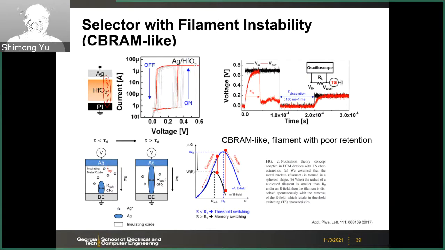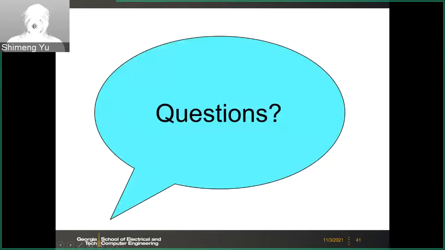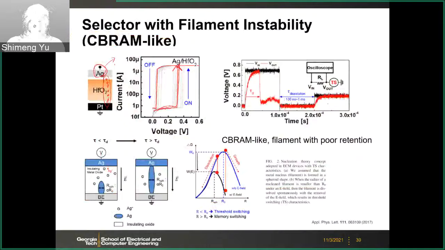So that means if you apply voltage, you drive the silver in, then you make the metallic conduction, then the current will jump, and after you remove the voltage, this filament spontaneously dissolves. Then you return to the off state. So you can get this very abrupt I-V switching.